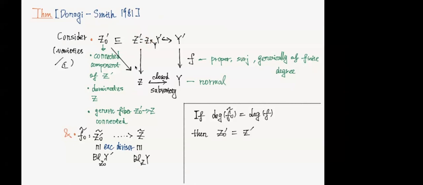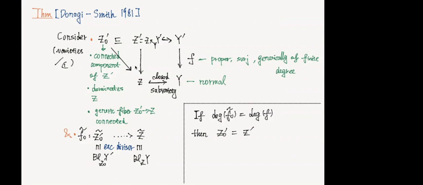Yeah, of course, it's more technical. Like we have to assume Y is normal, and so on and so forth. But I guess the basic idea is to blow up and restrict to exceptional divisors to compute the degree from positive dimensional fibers, and I think this is the basic strategy, like how Donaghy and Smith prove the pre-map is of degree 27.